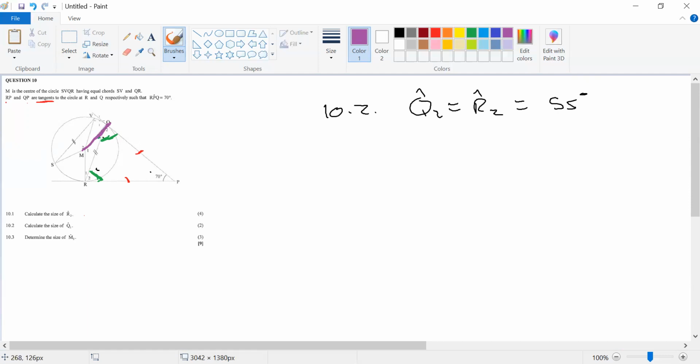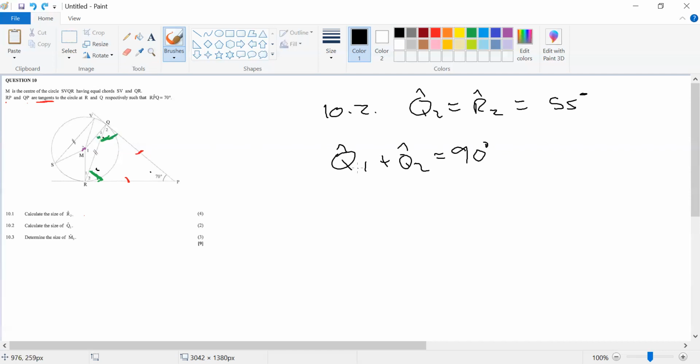And the point at which a tangent meets a radius creates a 90-degree angle. So angle Q1 plus angle Q2 is equal to 90 degrees, because that's this angle right here. It can be called Q1 plus Q2, or angle MQP, but because we are trying to calculate angle Q1, we've broken it up into its components.